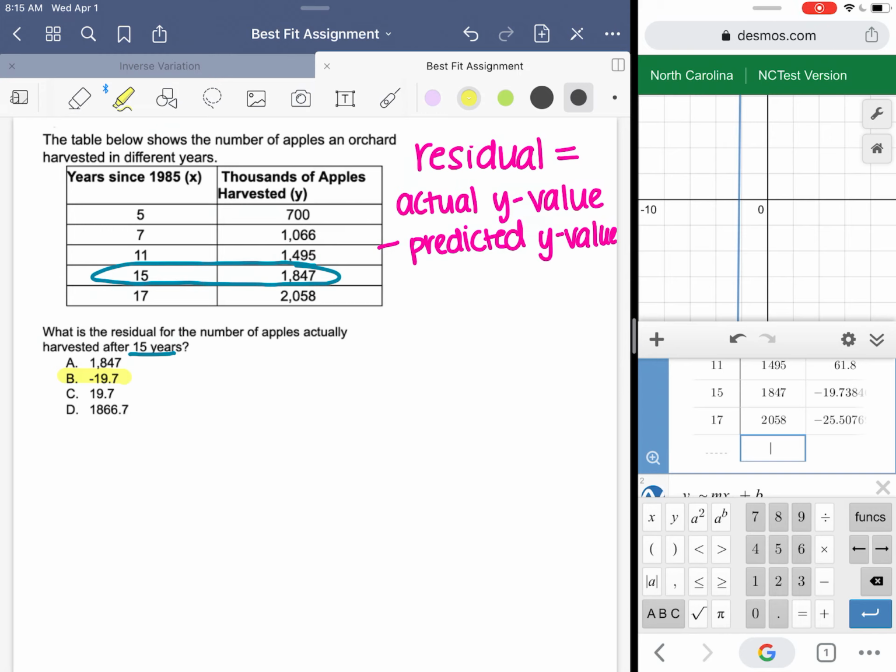So if you can see that number here in my table in Desmos where it says 15 and then 1847 and then negative 19.7, that means that 1847 was the actual y value, and whatever the predicted y value was, they had a difference of negative 19.7. That means that they actually harvested 19.7 fewer apples than expected.